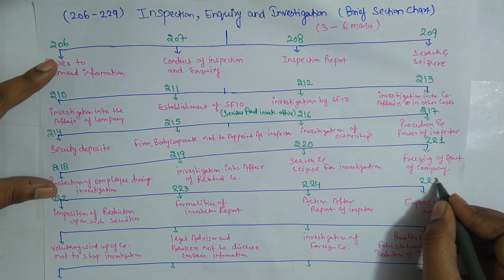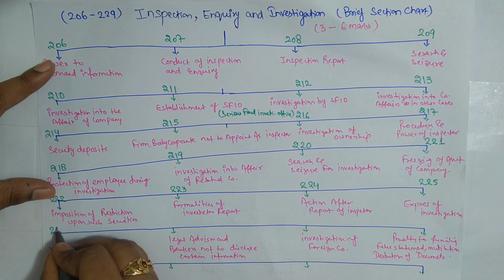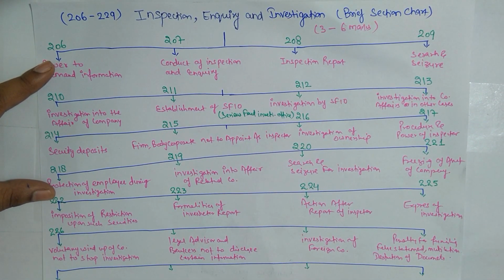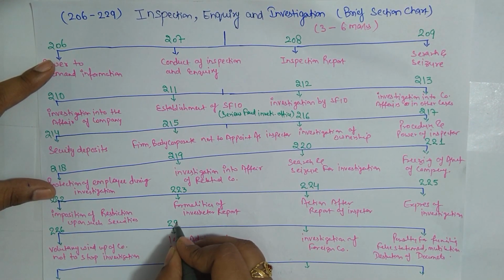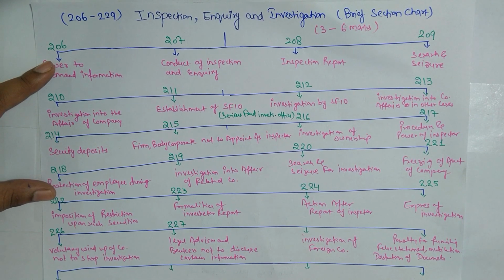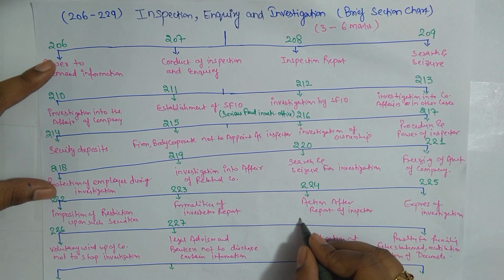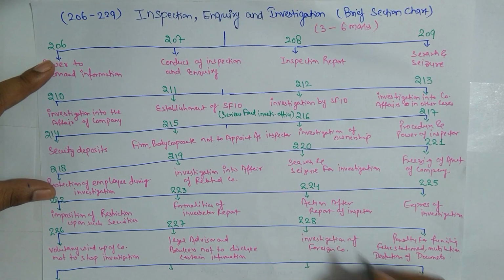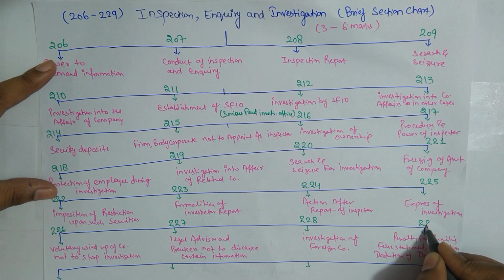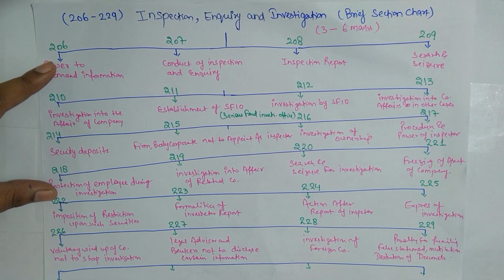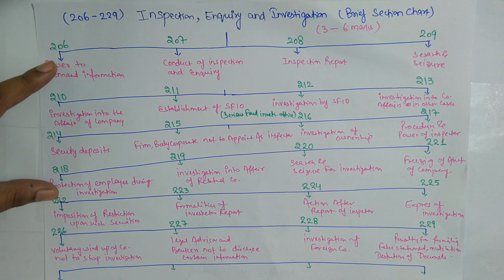Section 225, expenses of investigation. 226, voluntary winding up of company not to stop an investigation. 227, legal advisers and bankers not to disclose certain information. 228, investigation of foreign company. The last section is 229, penalty for furnishing false statement, mutilation, destruction of documents.